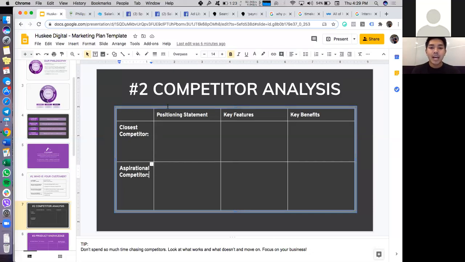Okay. So after you pick that out, you want to look at their positioning statement. Meaning, what are they marketing as? What are they branding themselves as? So if you look, for example, at Jollibee and McDonald's, and you're trying to dissect how they're approaching their marketing, you're going to see that Jollibee, at the beginning, right, but now they're a little bit more diverse, was really focusing on the family aspect.